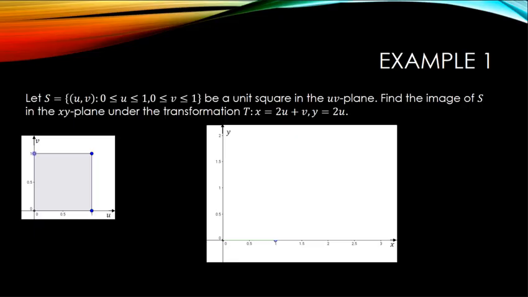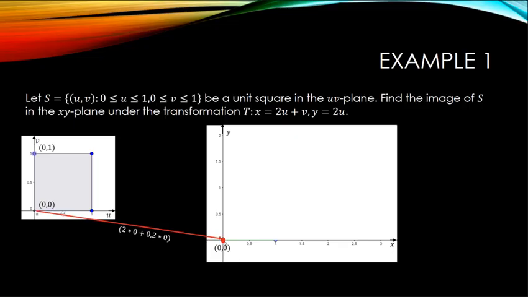So I've plotted my initial region S, which is a unit square in the first quadrant of the uv plane. The point (0, 0) is at one vertex of my unit square. Under the transformation, I take 2 times 0 plus 0 and 2 times 0 to give me the coordinates (0, 0) in my xy plane.